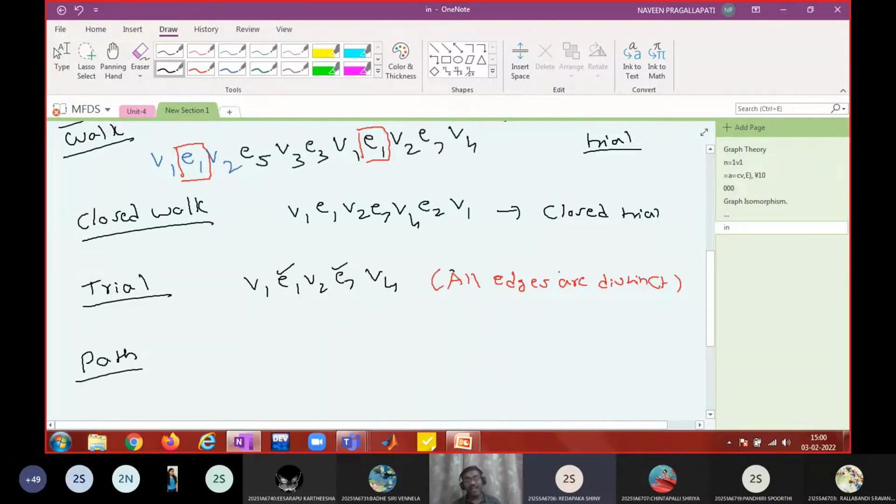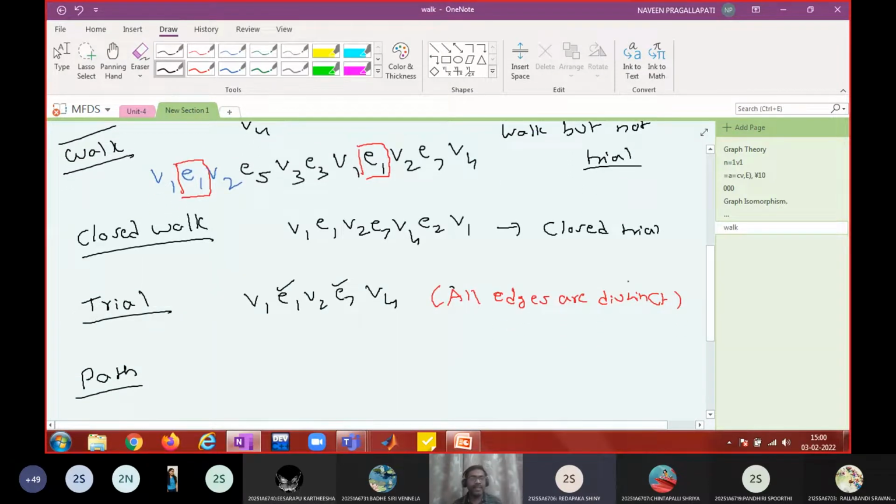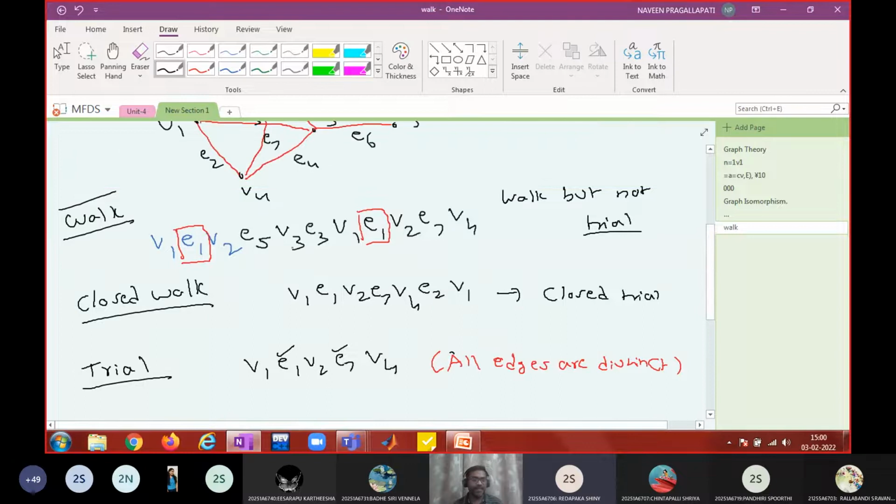If all the vertices are also distinct, then that is said to be a path. In this case, you see vertex V1 appearing two times. Therefore this is a walk, but it cannot be called a path. So this is neither a path nor a trail.